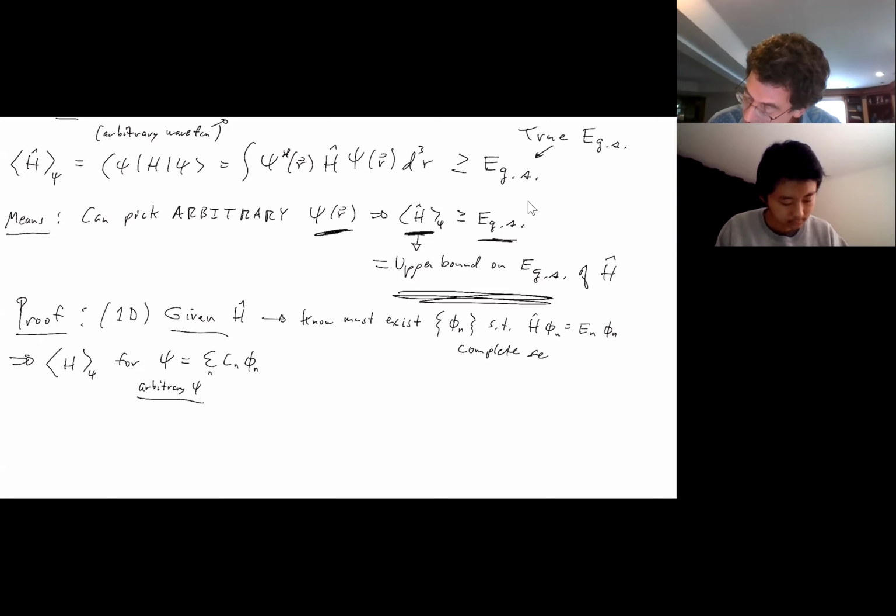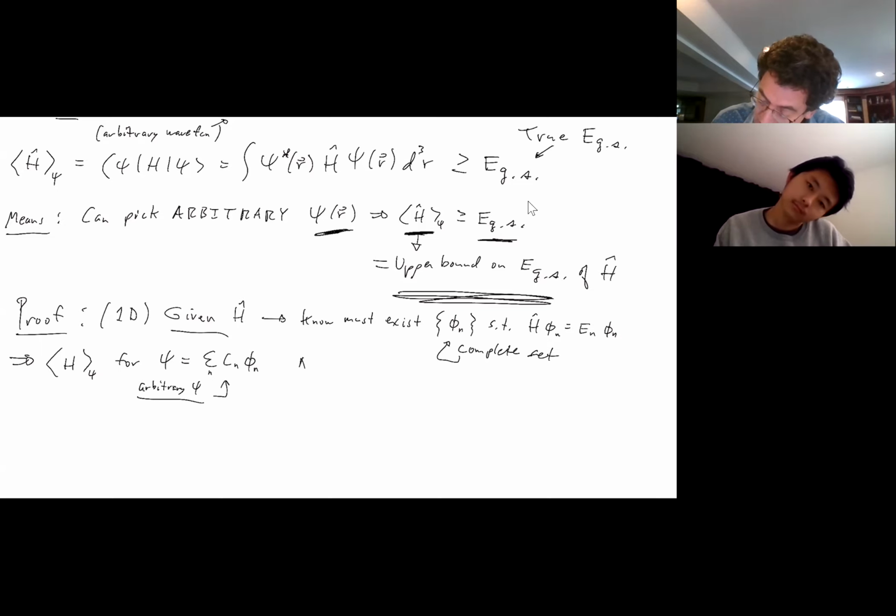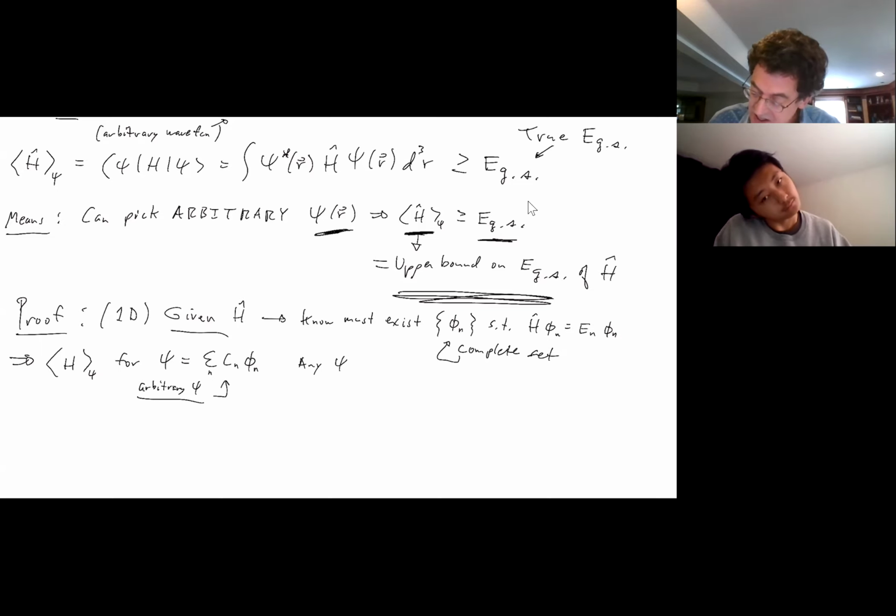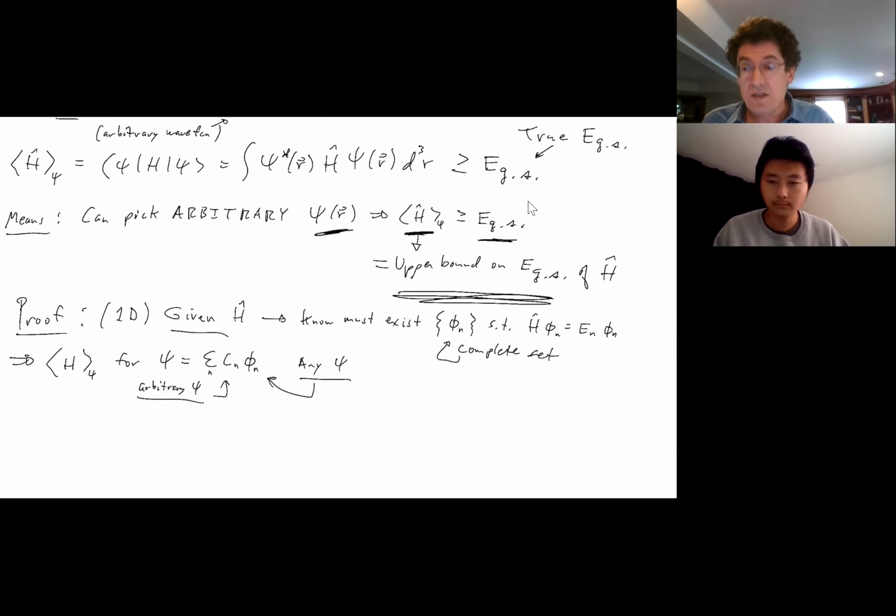These are a complete orthonormal set, and so I have my arbitrary wave function. So any psi, any state can be written as a linear superposition of the eigenstates of H.